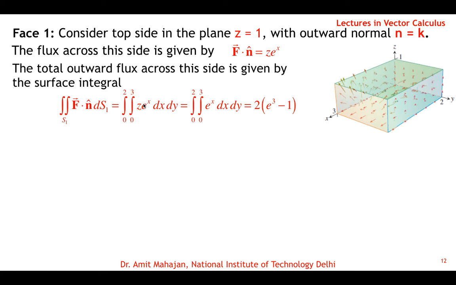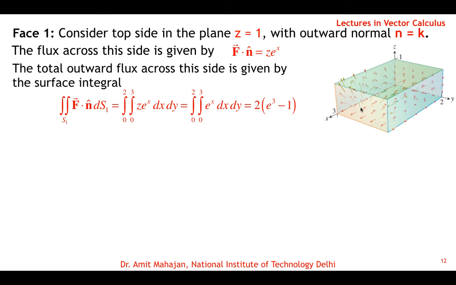Z is 1, so we can substitute, and it will be the double integral of e power x dx dy. So integrate with x upper limit minus lower limit, then with y upper limit minus lower limit. You can see that the flux from the top surface is 2 times (e power 3 minus 1).